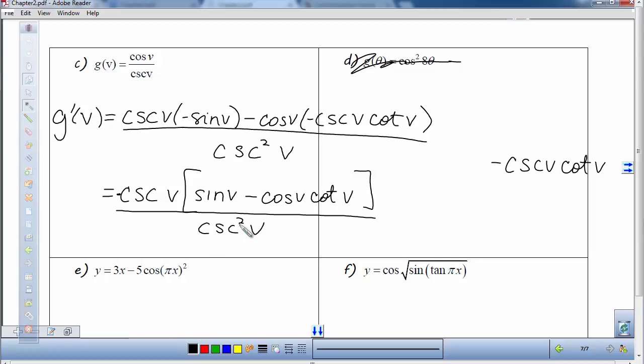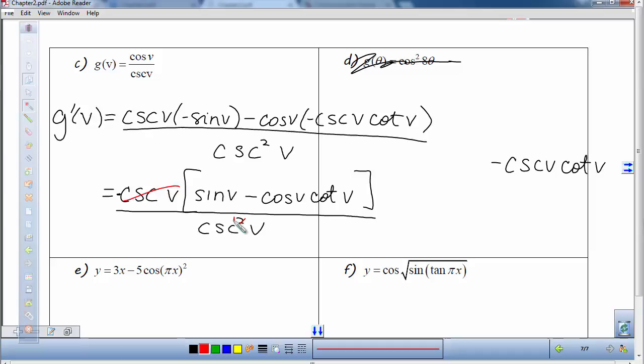Okay. All right, we might try to clean this up a little bit more. Yep, we can cancel out a cosecant here with one from our denominator. Cotangent is cosine over sine, so that's not going to cancel anything out.